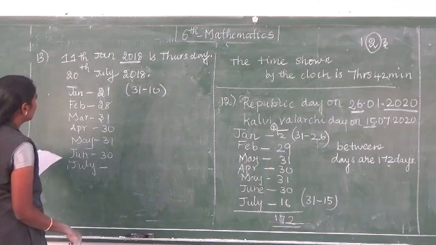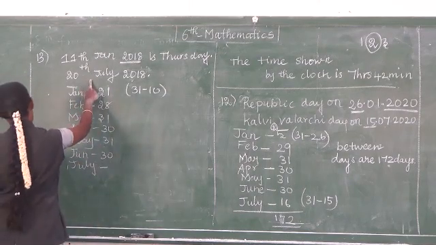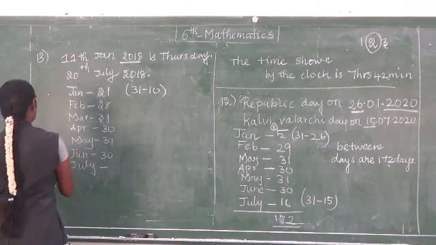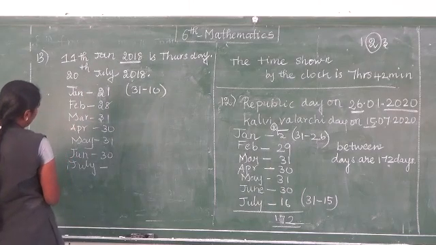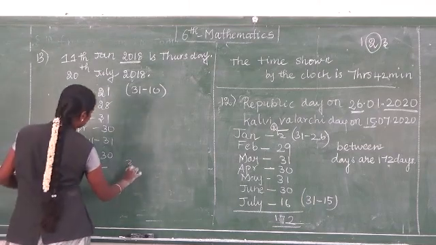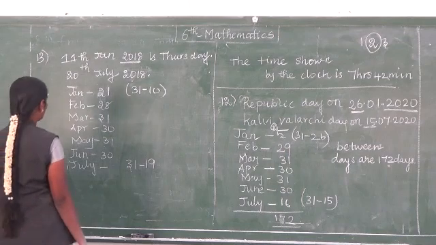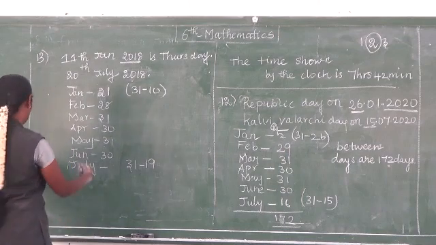July we have how many days? 31 days. Here 20 days are there. That means 19 days are over. 31 minus 19, or else you can go for the 20.